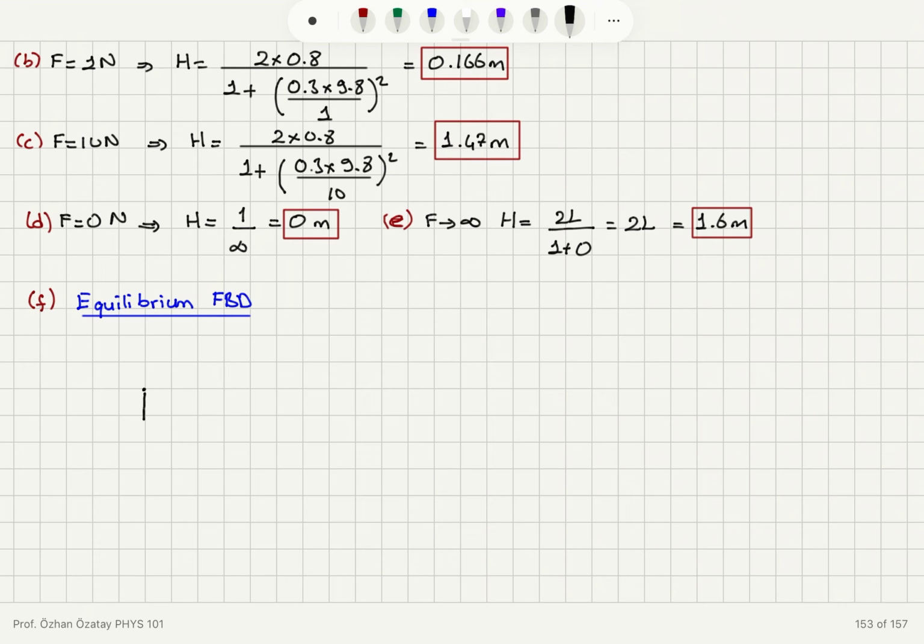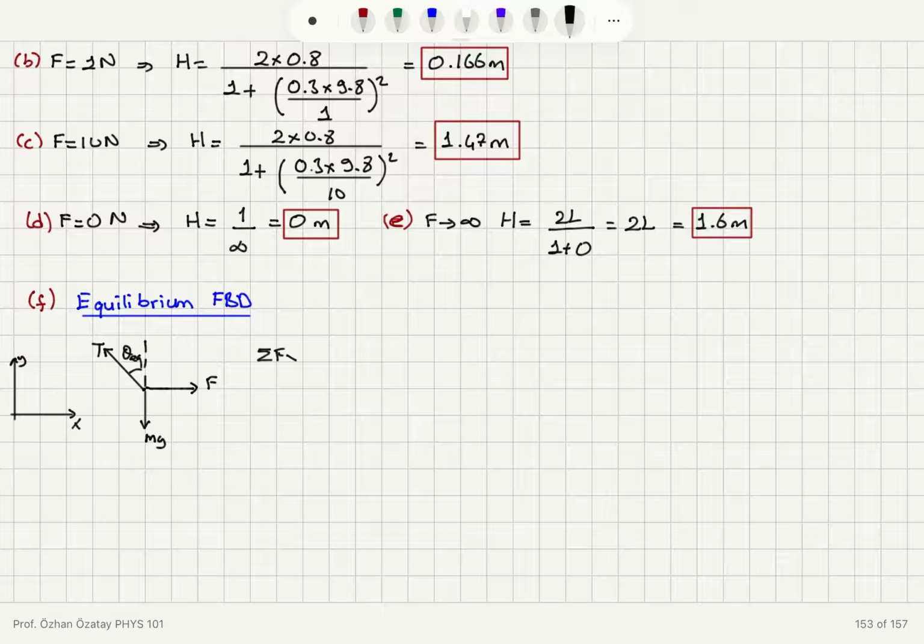So I have mg pointing down, the constant horizontal force F to the right, and there will be a tension making an equilibrium angle with the vertical. So let's call this the y-axis. This is our x-axis.